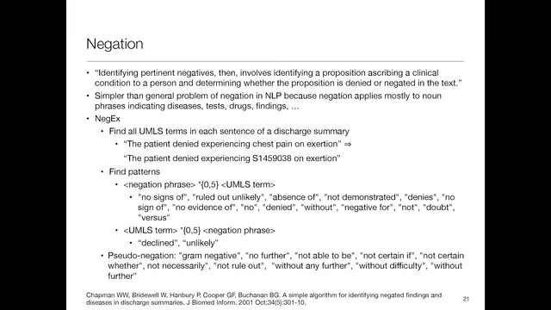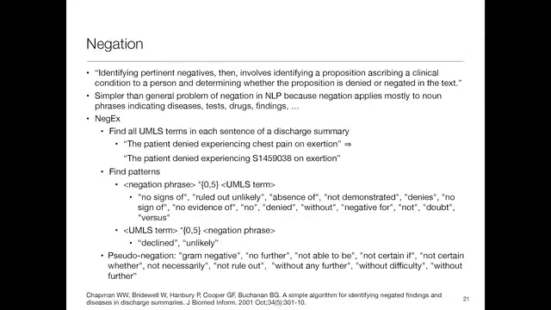And then you find two kinds of patterns. One pattern is a negation phrase followed within 5 words by one of these UMLS terms. And the other is a UMLS term followed within 5 words by a negation phrase, different set of negation phrases. So if you see no sign of something, that means it's not present. Or if you see ruled out unlikely something, then it's not present.